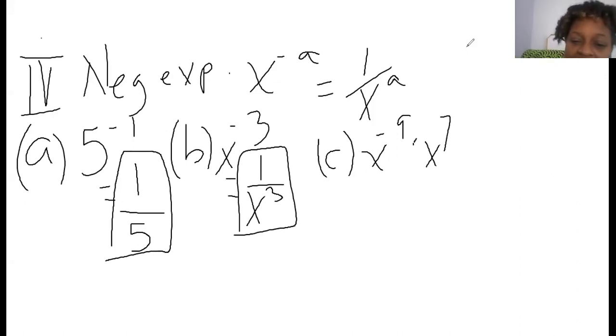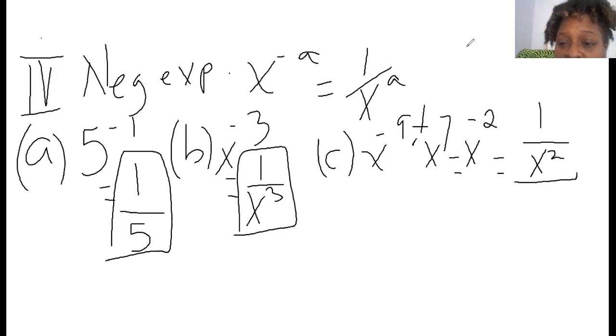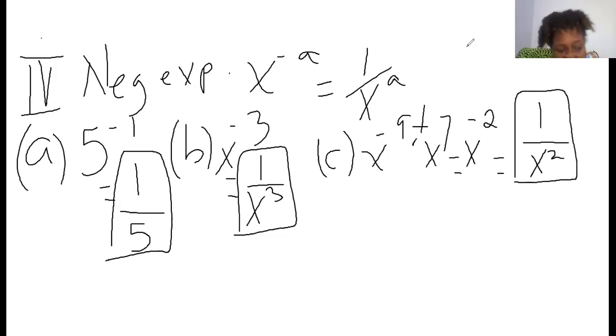Because we have x to the negative 9 times x to the 7th, we will add those exponents. Negative 9 plus 7, result will be x to the negative 2. Once again, how do I bring that to the positive state? I will flip that, and the positive exponent will become 1 over x to the second power. Final answer.